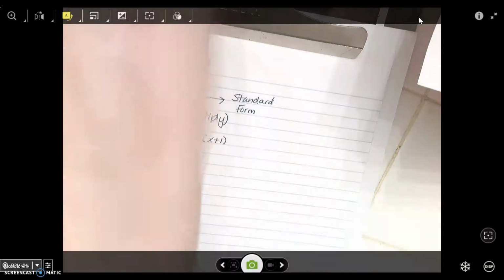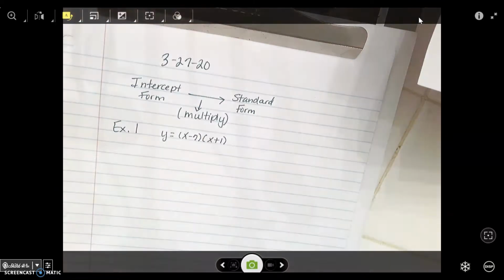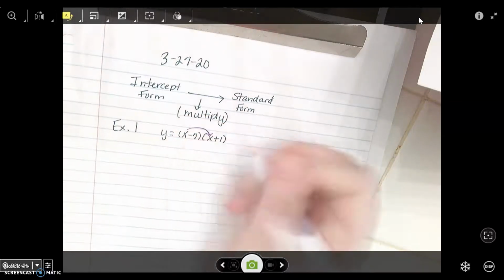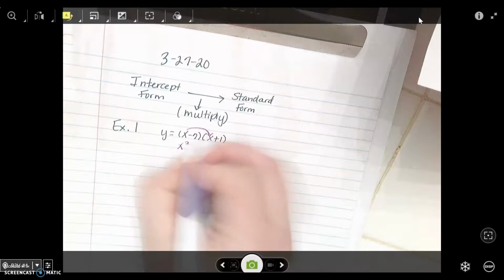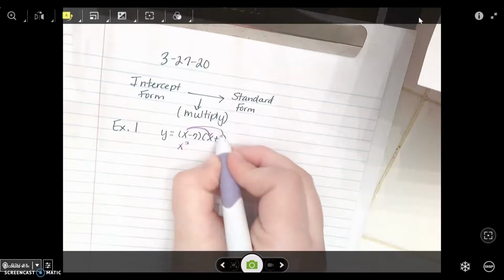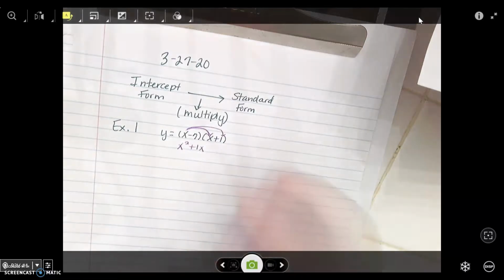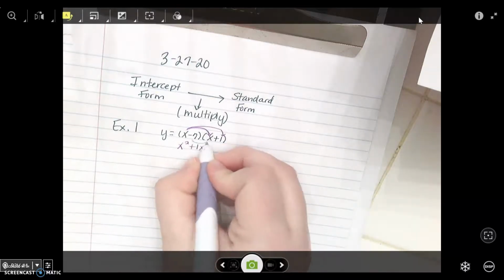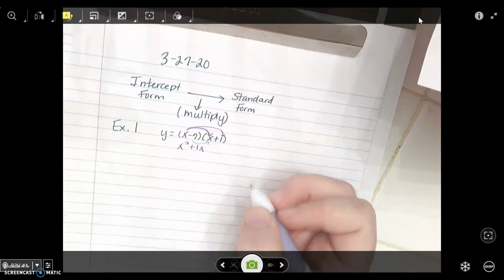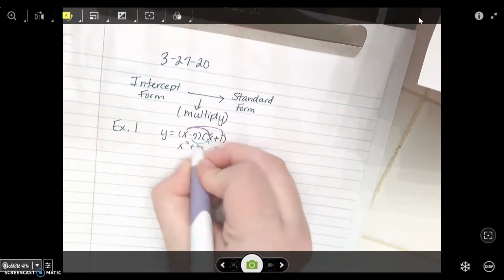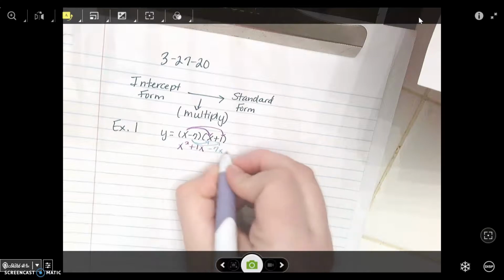So to do this, we have to multiply. X times x is x squared. X times 1 is 1x. Negative 7 times x is negative 7x. Negative 7 times 1 is negative 7.